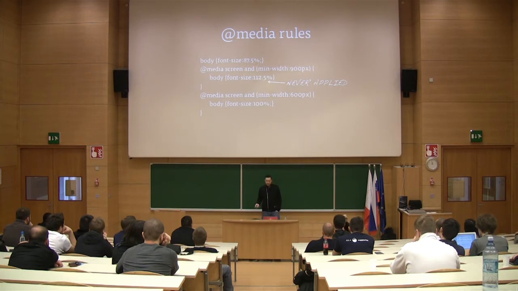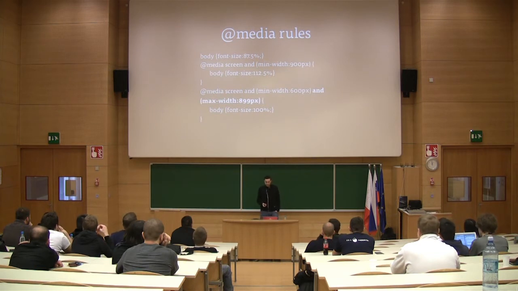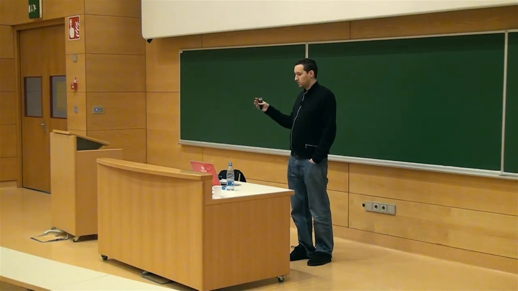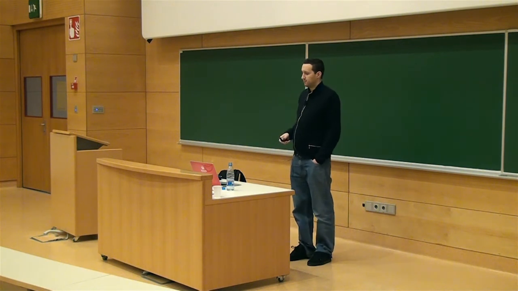You can make sure you're not hitting source order issues if you're only doing properties that are changing. So you can do this. You can say, just apply this when it's more than 600, but less than or equal to 899.